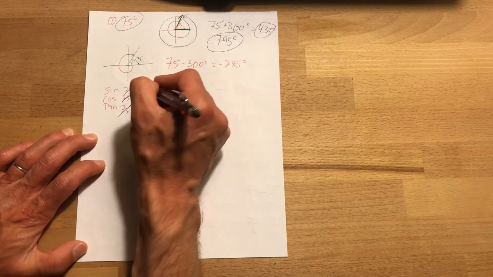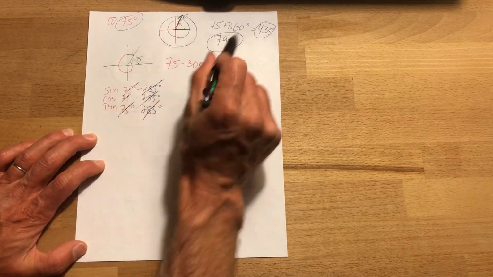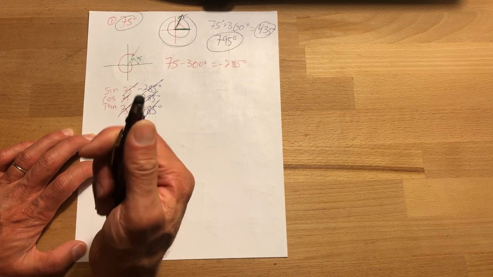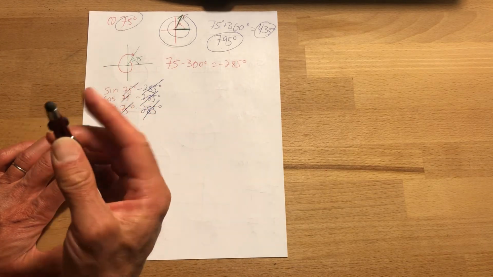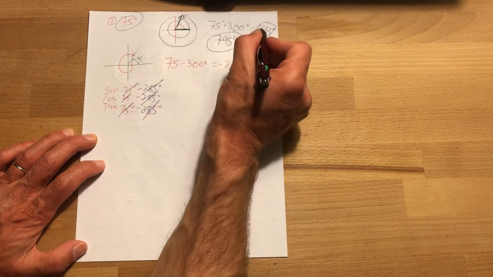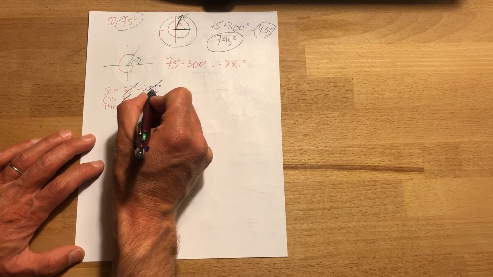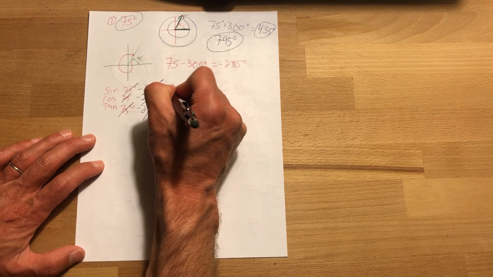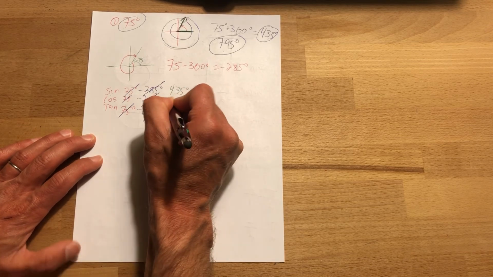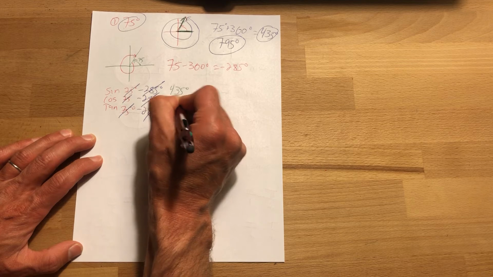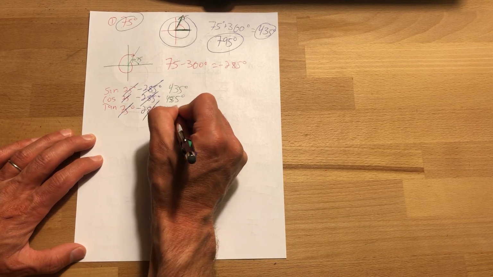Which is going to be the exact same answer as my positive coterminal angle, 435 degrees. Sine of 75 degrees is the same as negative 285 degrees, which is the same as positive 435 degrees. So sine, cosine, and tangent would be the exact same for all of these.